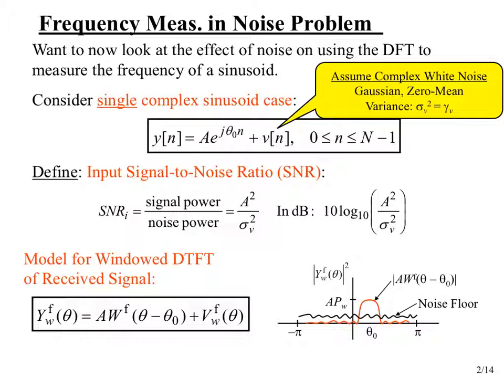Okay, so here's the issue. We've got a sinusoid, but we're observing it in the presence of noise. So we're going to deal with a little bit of probability theory here.